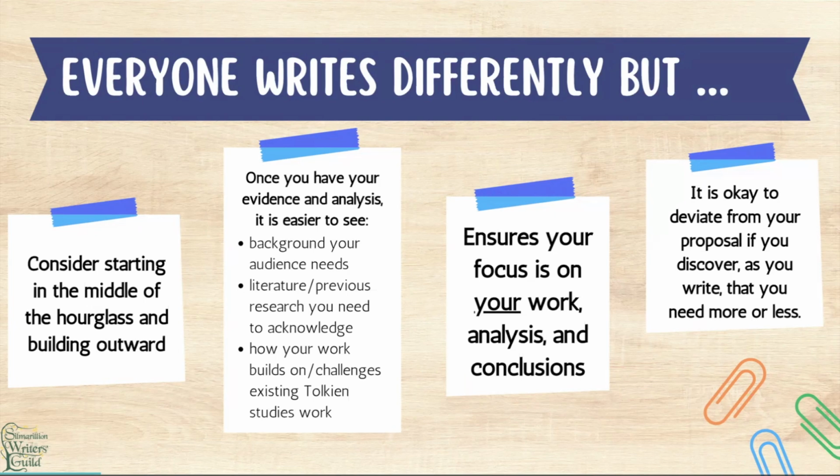And then it makes my conclusion a little bit easier to write, which conclusions are the hardest thing for me personally to write because it makes me think more, it makes me more aware of how my work builds on or challenges existing work and new directions that I may be going in.